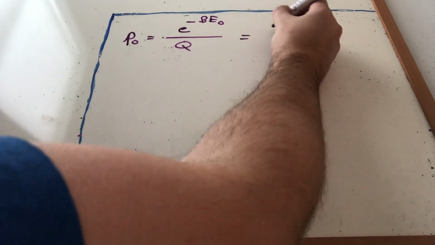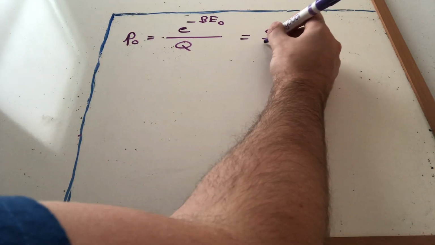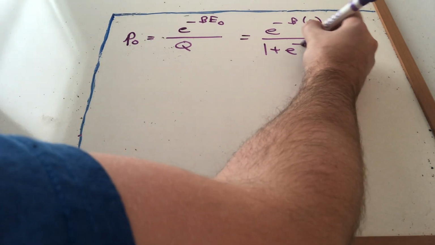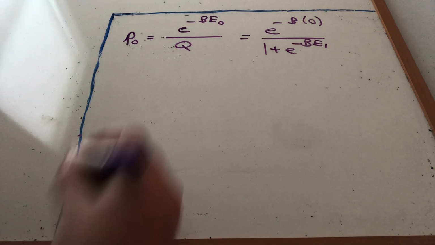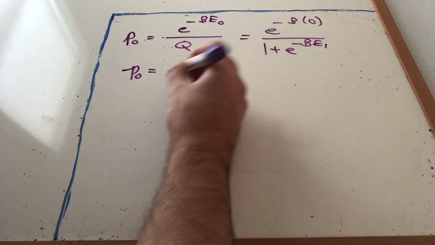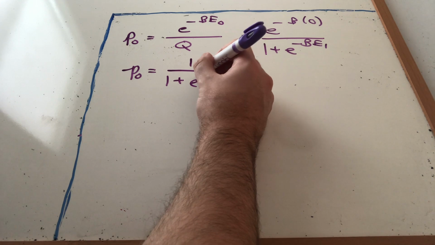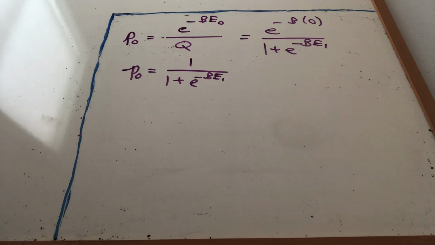So it looks like e to the minus beta times 0 over 1 plus e to the minus beta E1. So P0, we can simplify further. That numerator is just 1. This is our population to be in our 0 state, the probability to find a system with an energy of 0.